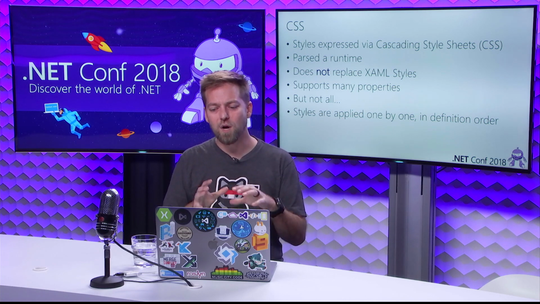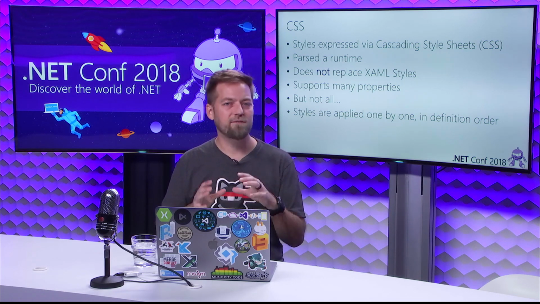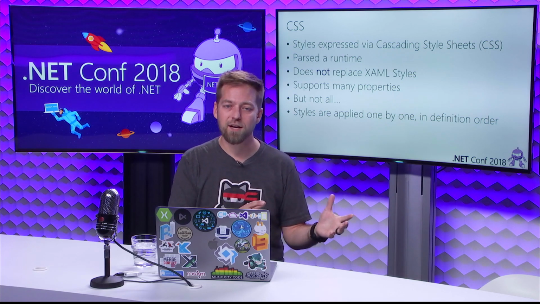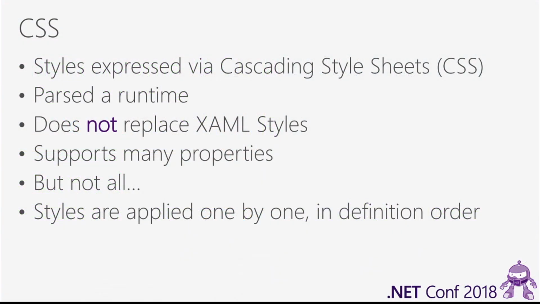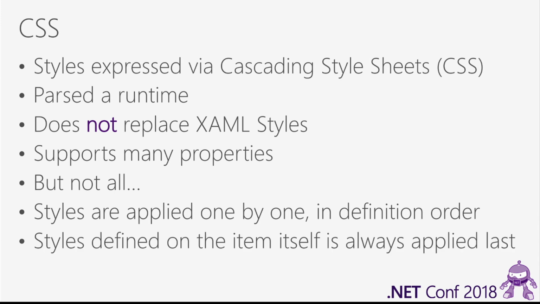So it's a great feature to pair, especially with Flex Layout, because you can start grabbing samples from the web and use them pretty much as is. That's a very cool feature. I know that Miguel is a huge fan of the CSS, as I think he mentioned this morning, as am I. But again, it doesn't replace XAML styles. It's really your preference in terms of what you want to do. And the styles defined on the item itself are always applied last.